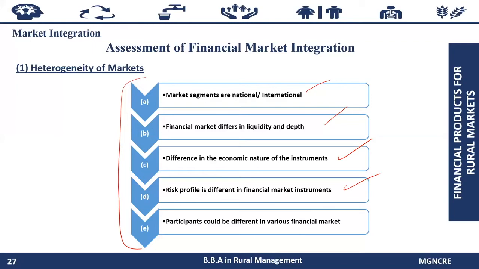And participants could be different in various financial markets, like banks, non-bank financial institutions, asset management companies which provide mutual funds, mortgage institutions, insurance companies, and other financial institutions which are specialized in long term.